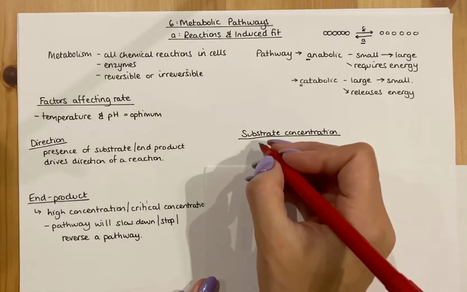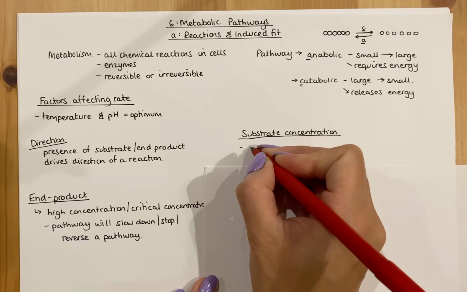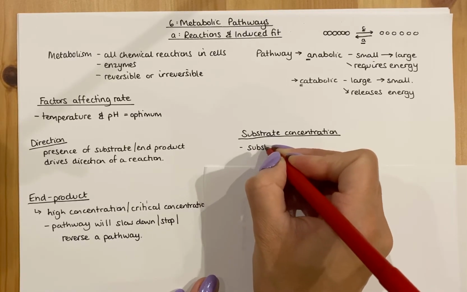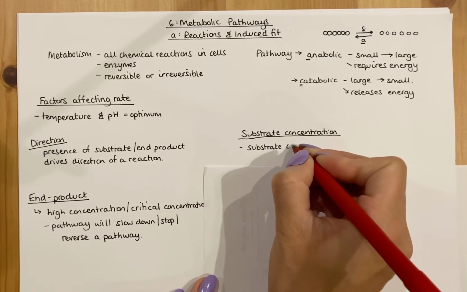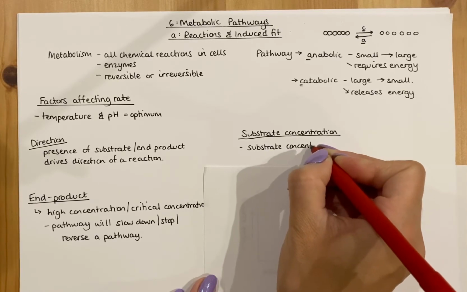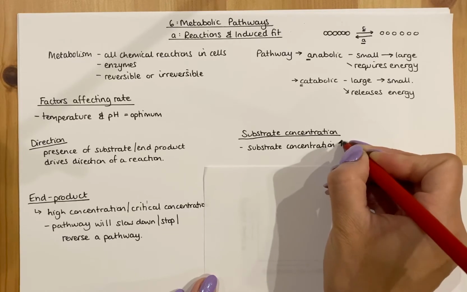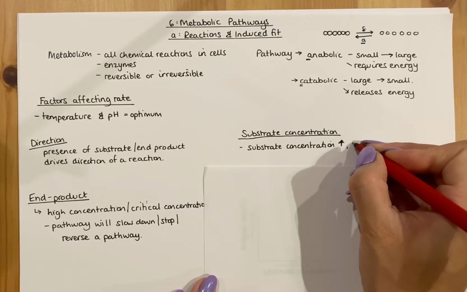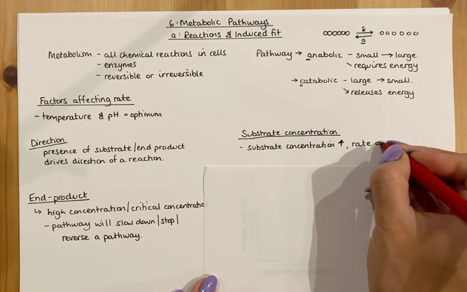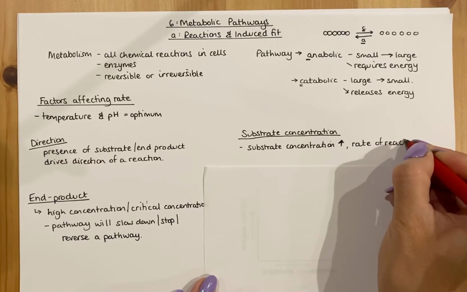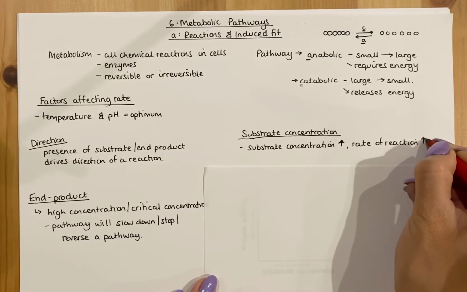So if you think back to National 5, if substrate concentration increases, so if you have a high volume or high concentration of substrate, which is what that arrow shows, then the rate of a reaction and the rate of an enzyme controlled reaction will increase.